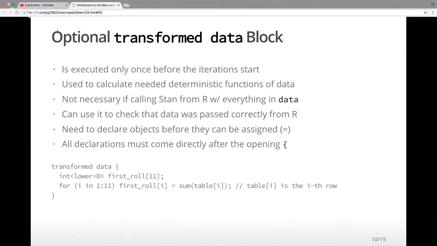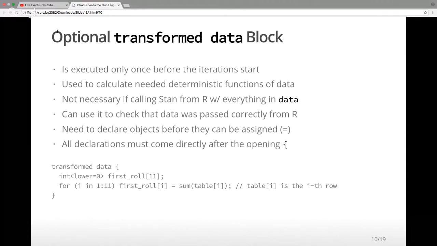And put in there the sum of the elements in the corresponding row of table. You can index this like a list in R, or you could have a comma and then blank to index it like a matrix. Either of those syntaxes is acceptable, but it's basically summing up what happens on each row, and that gives you the number of times that this number of pins was knocked down on the first roll of your frame of bowling.